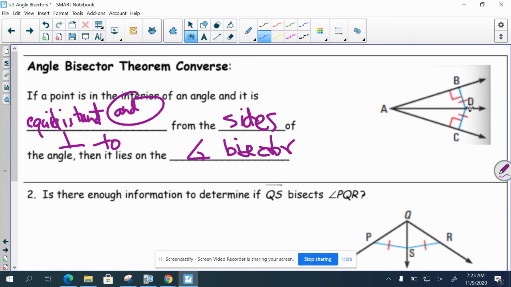Okay, so point D has to be both equidistant and perpendicular to points B and C in order for you to conclude that it would be on the angle bisector.